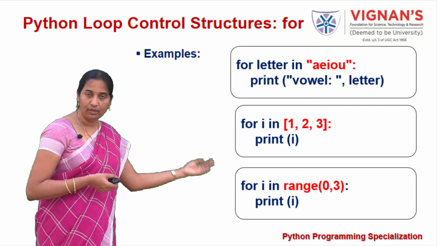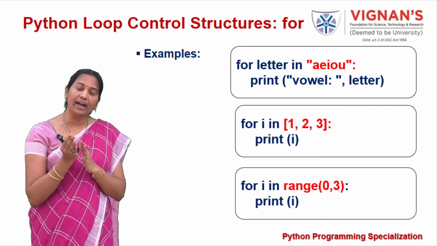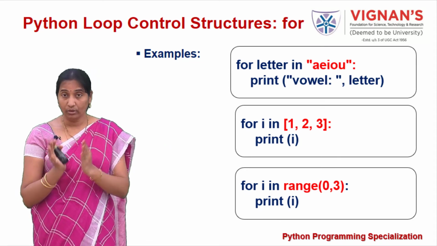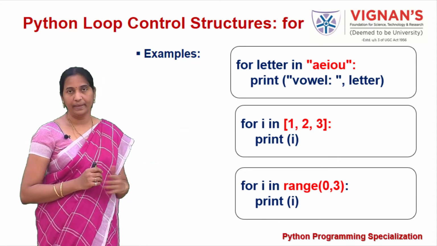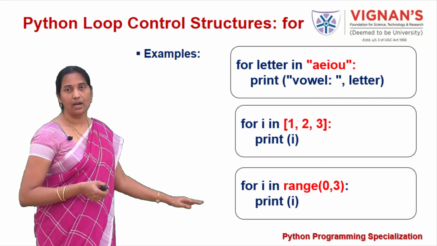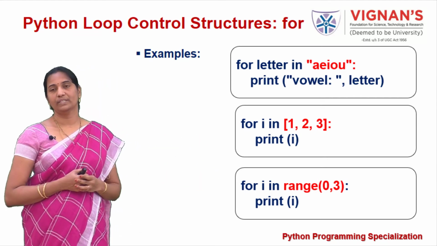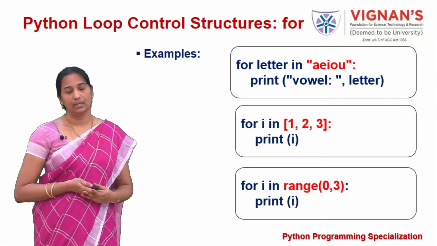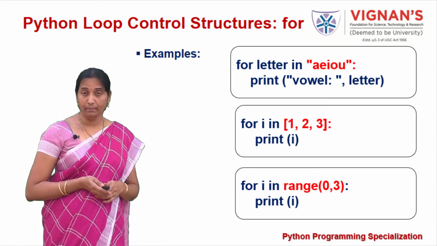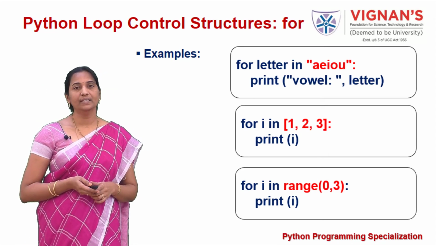And the set of statements would be executed for every value in that range. That is, with the value of 0 copied to I, the statement would be executed, then 1 is copied to I, then 2 is copied to I. So that's how the set of statements would be executed with every value in the list. So that's how you can use a for loop to repeat certain statements for every element in the given iterator.